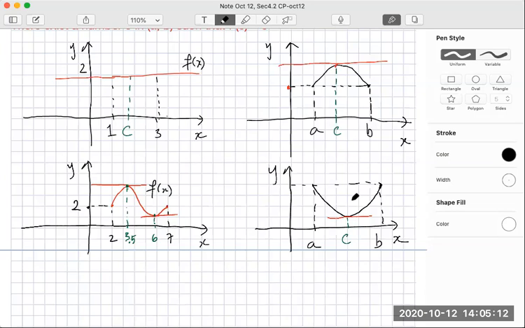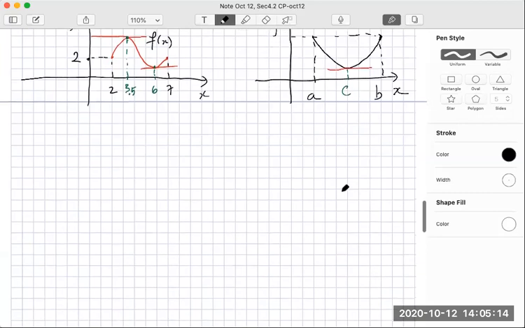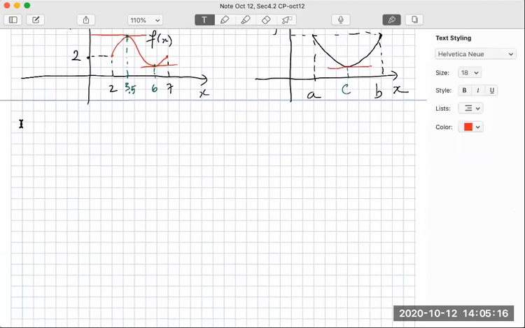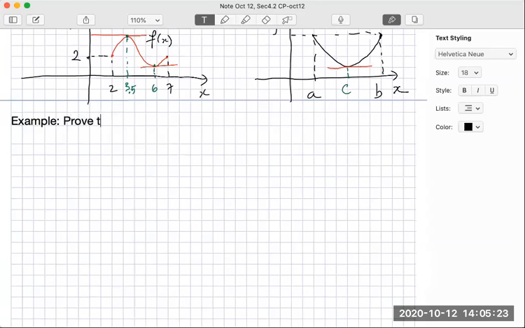Okay, now let us study this example. First, prove that the equation x cubed plus x plus 1 is equal to 0 has exactly one real root.